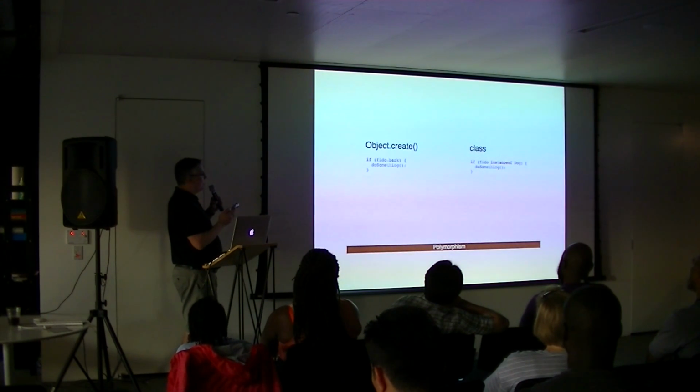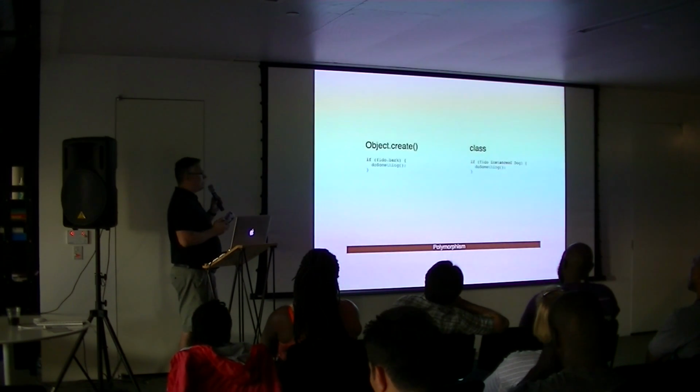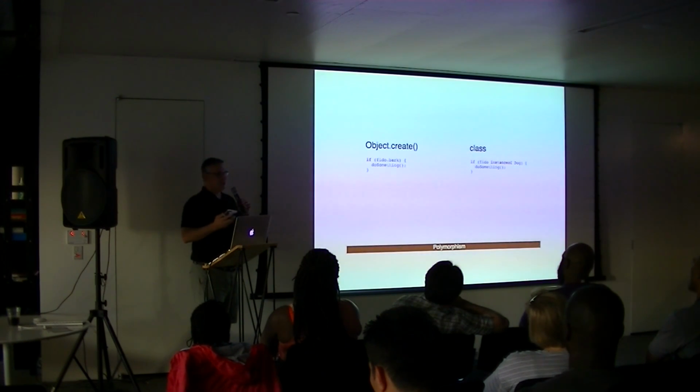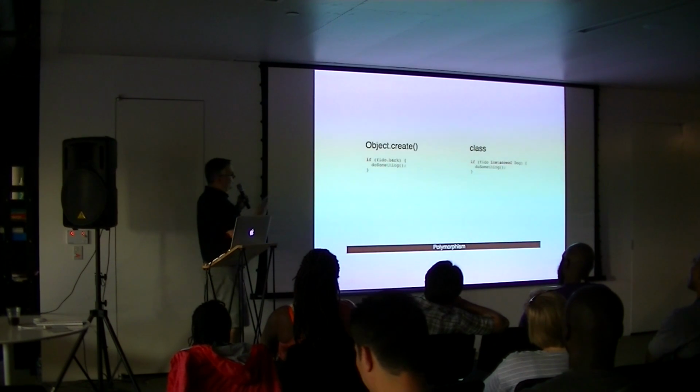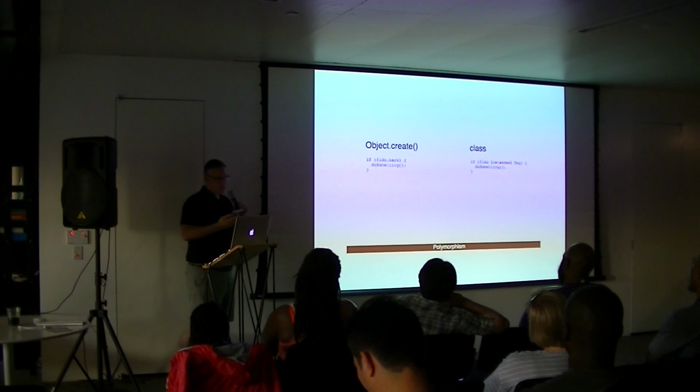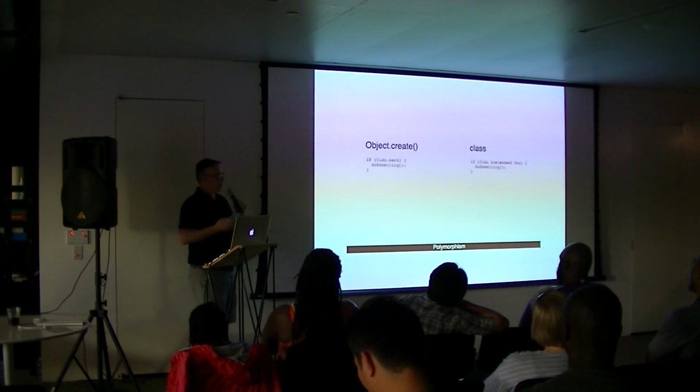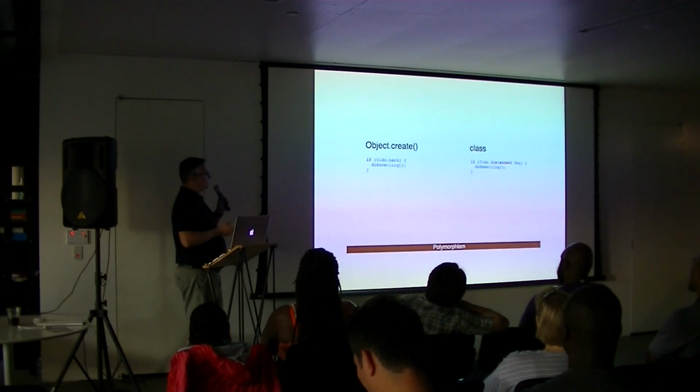Object.create doesn't have typing. So we have to use duck typing. So if Fido has a method called bark, then Fido's probably a dog. It's kind of the way that works, right? With class, you can use the instanceof operator, but that's a dangerous operator because if you're inheriting from something else, you'll also maybe be fooled into thinking that it was created from animal.